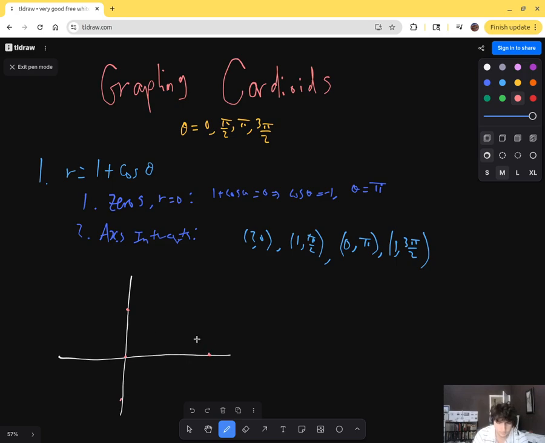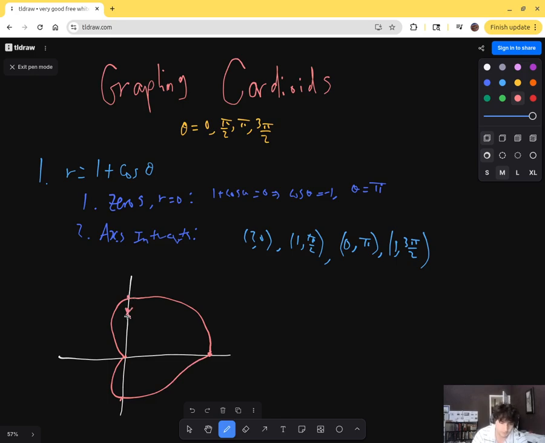So it's going to look, and I know it's sloppy. I didn't go through this first point. I'm just going to say that point is right here.